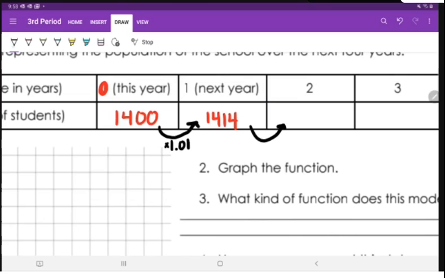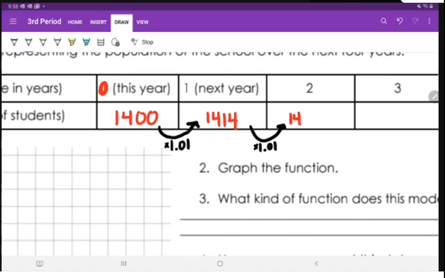So we would have the 100% of students that we had in year 1, so 1,414, plus the new 1%, which would be 1.01. So we're going to multiply again by 1.01. Punch that into your calculator. 1,414 times 1.01. And we get a decimal number.